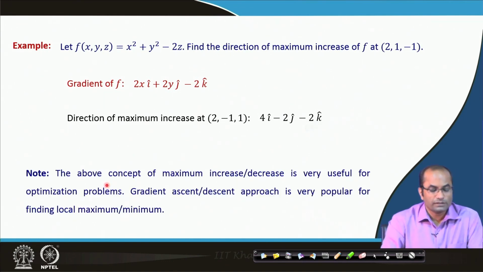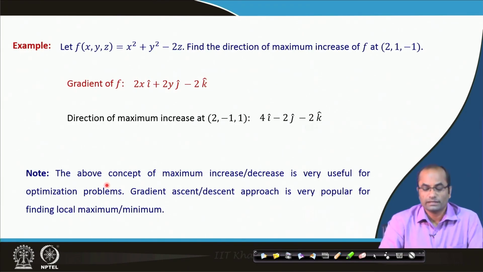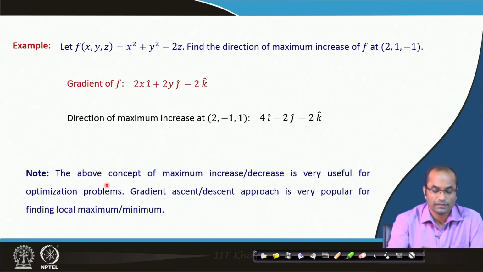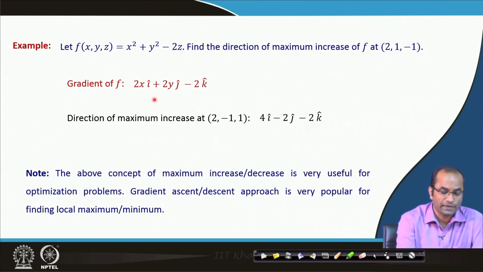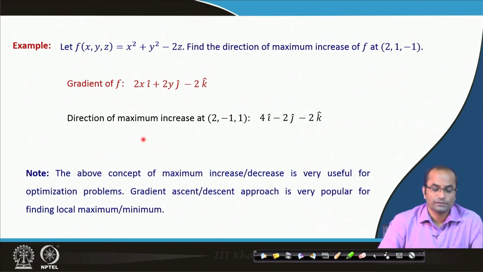Just a note, this concept of maximum increase or decrease is very useful for optimization problems. By finding this gradient, we are actually getting the direction of maximum increase, or by finding this minus grad f, a direction where the function decreases most rapidly.